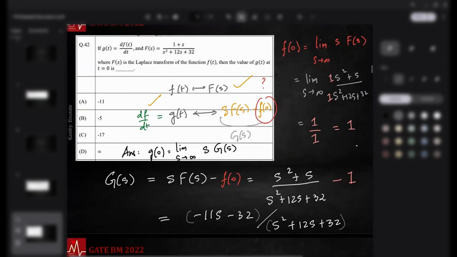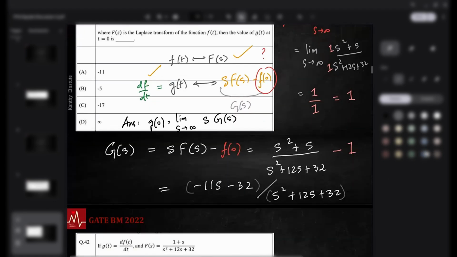Same question. Great. So now I've got you G of s. Can you tell me G of 0? Anyone give me G of 0? This is the limit tending to infinity of s G of s.